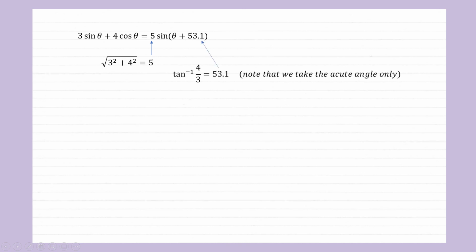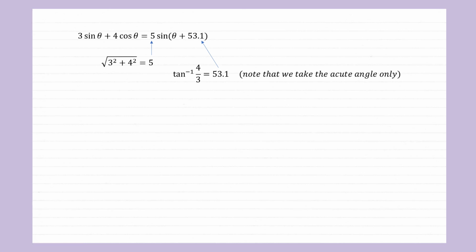And the inverse tan of the ratio of the coefficient of the cosine term to the coefficient of the sine term is given by 53.1, provided we only consider the angle in the first quadrant, or the acute angle solution.